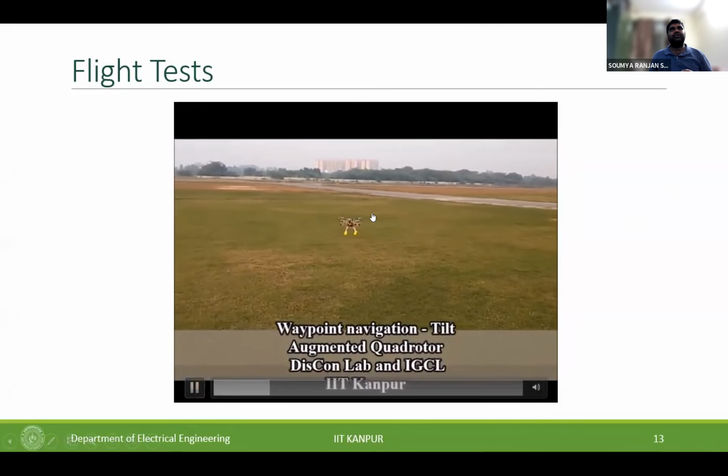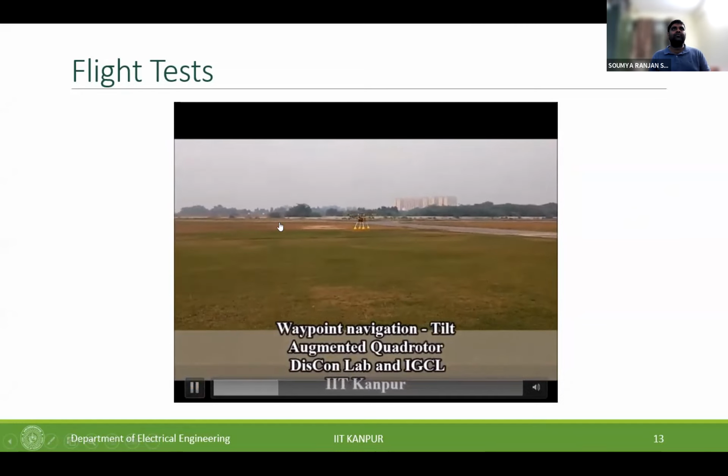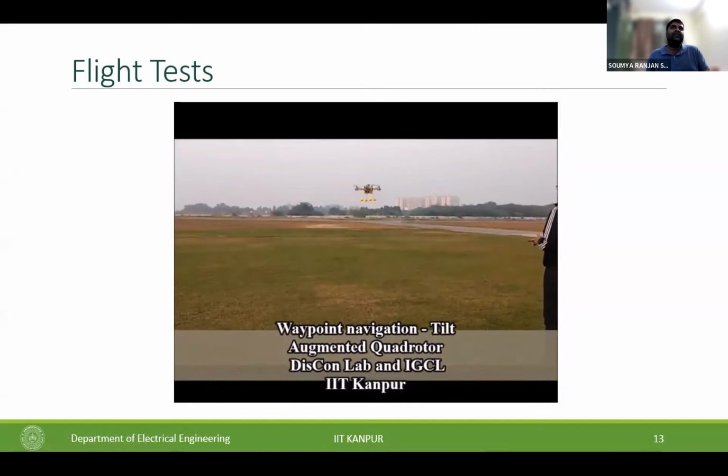Here the aim is to go to 4 waypoints. The waypoints are placed at the corners of a rectangle that has been designed while maintaining a 0 altitude.